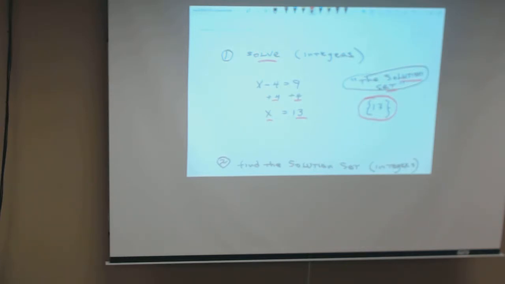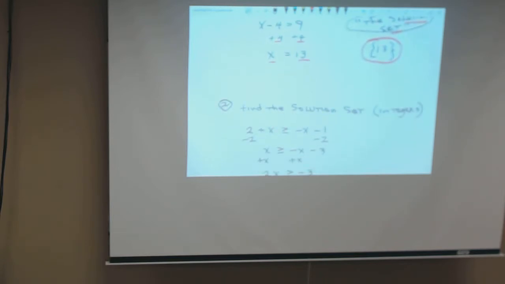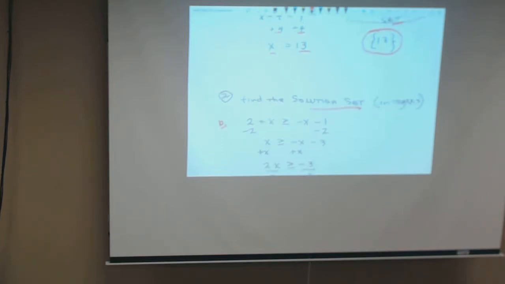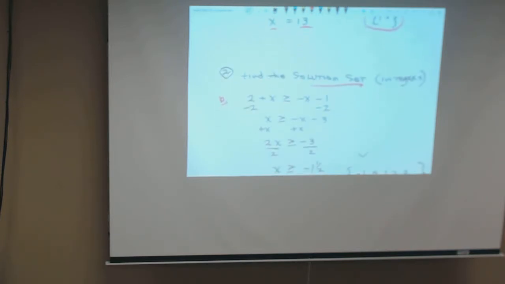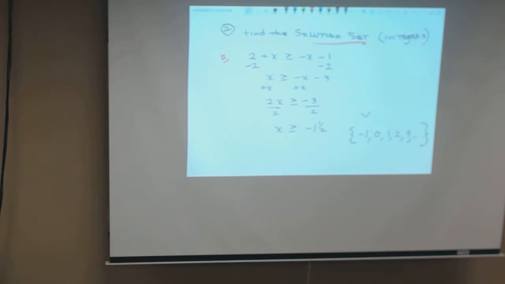Problem 2. Find the solution set. So now they're telling you to find the solution set, and we're doing B again. You do both of them, but we'll just do B. And what's going on here is, remember, to solve it, we need to simplify.